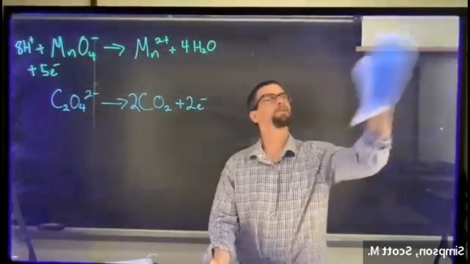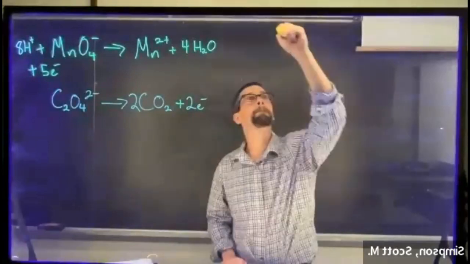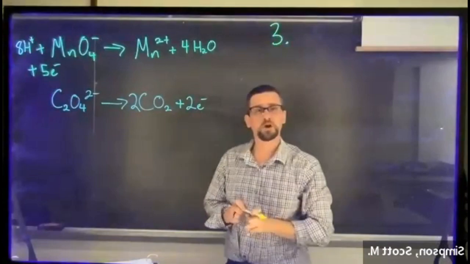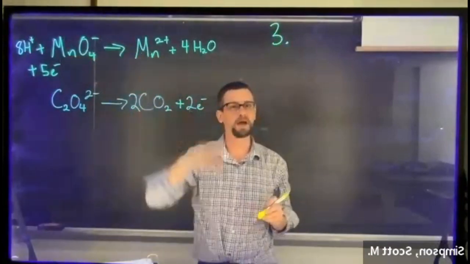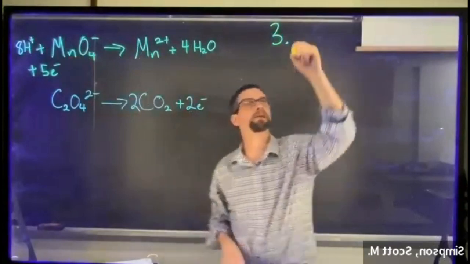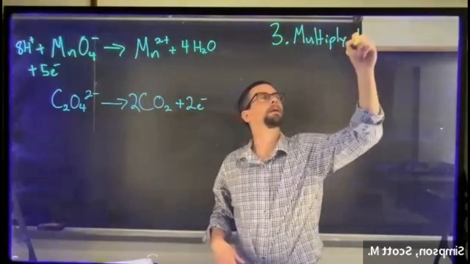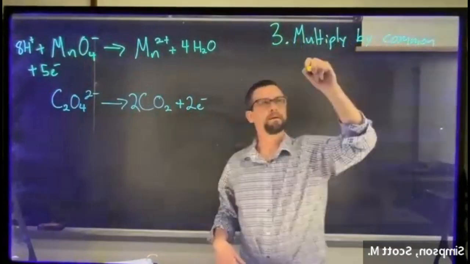So what we have to do next is step 3. We need to make sure that our electrons are balanced. So we're going to multiply by a common factor to balance our electrons.